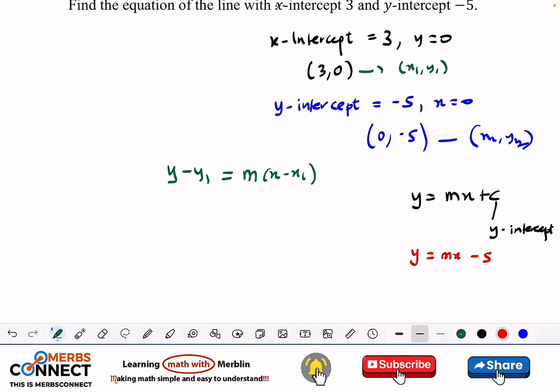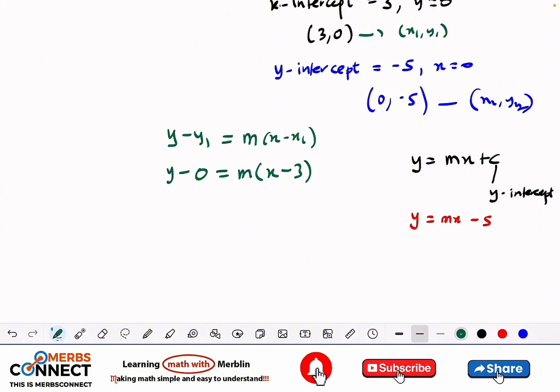So let's do that. This is y minus. So if I'm using this point as my x1, y1, I'm going to have y minus 0 is equal to the slope, and then I'm going to have x minus 3, right?